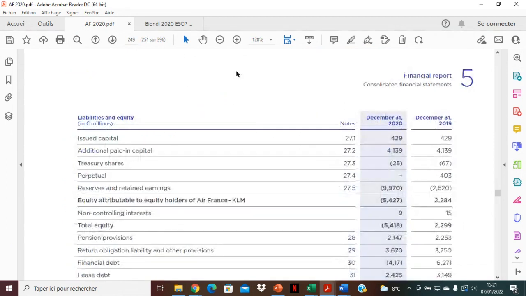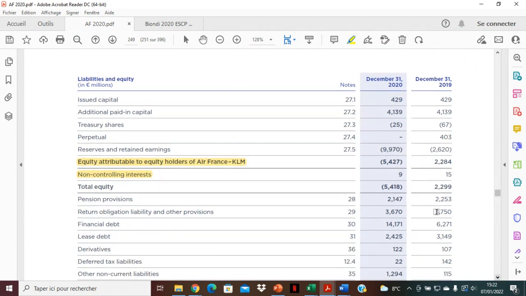So here in the balance sheet in equity, you see I have controlling interest, or equity that has been provided to the parent company, and I have non-controlling interest. So you see here the amount of non-controlling interest is rather small.